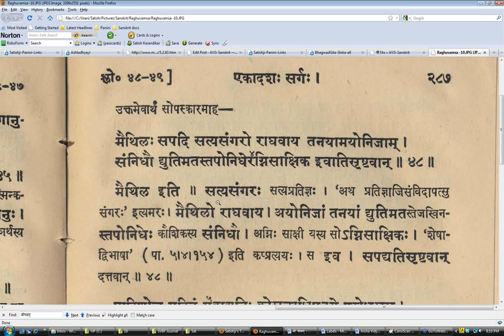Is it just simple karmadharaya? No. If you see a change in gender there, linga parivartanam drishyate. Pratijna became pratijnaha. See that? Oh, okay. It must be bahuvrihi. Like in the Gita, my favorite example, sthita prajnaha. Satya pratijnaha.